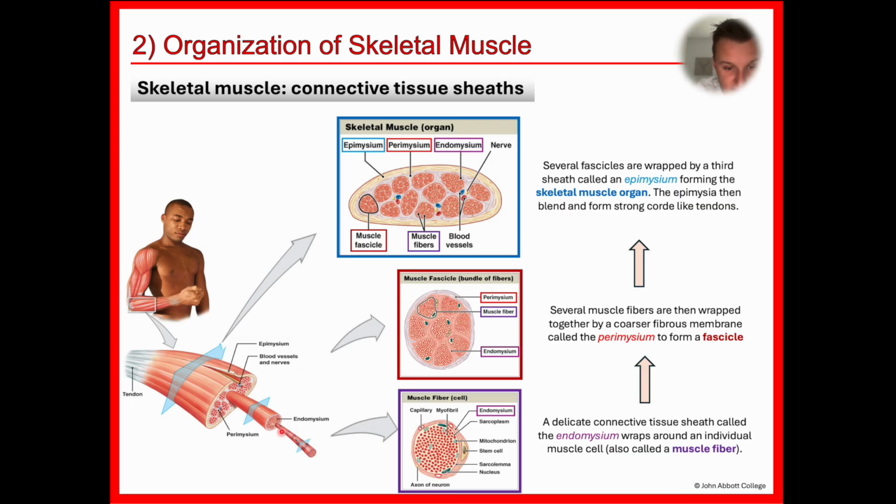So around this muscle cell is some endomysium that's wrapping around and kind of cushioning this one muscle cell. So there's an endomysium that wraps around an individual muscle cell, also called a muscle fiber. That's the first connective tissue sheath.